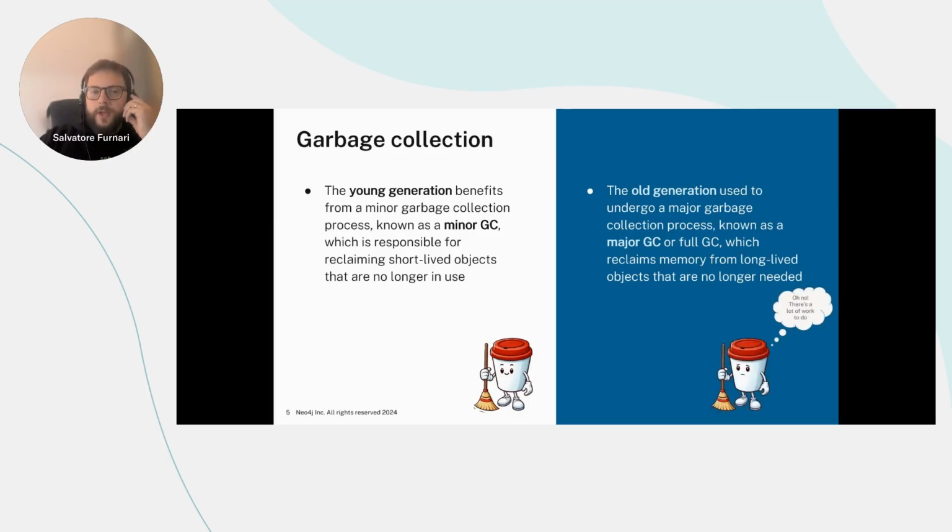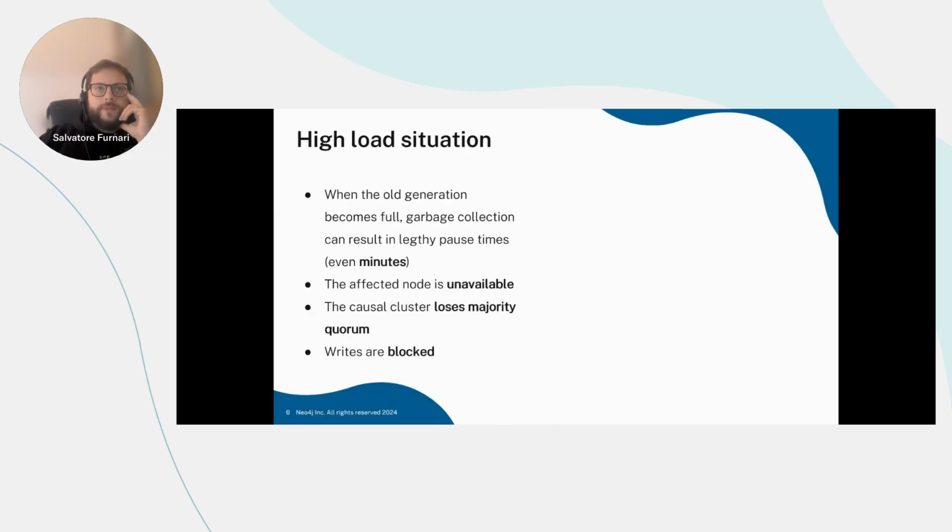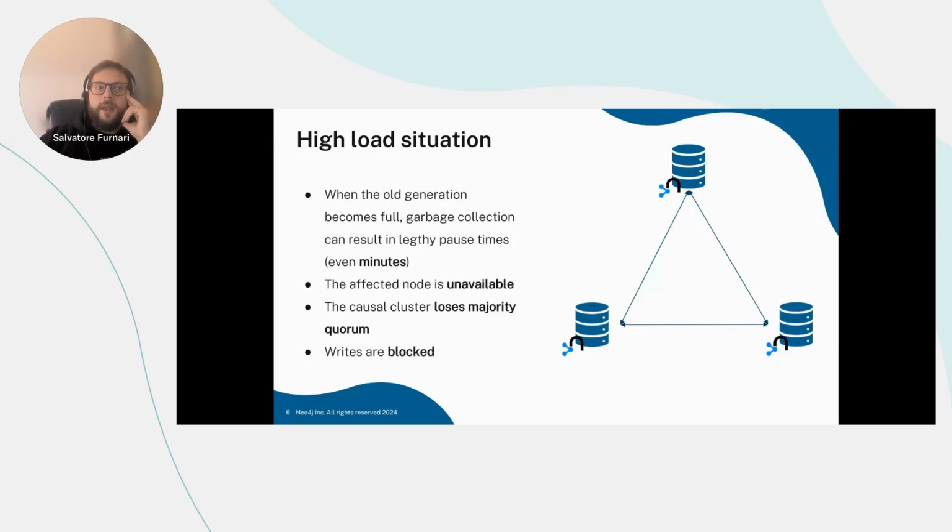So let's see what happens when the old generation memory is full. This triggers a long garbage collection process, which may take minutes. And during this period, the affected node is unavailable.